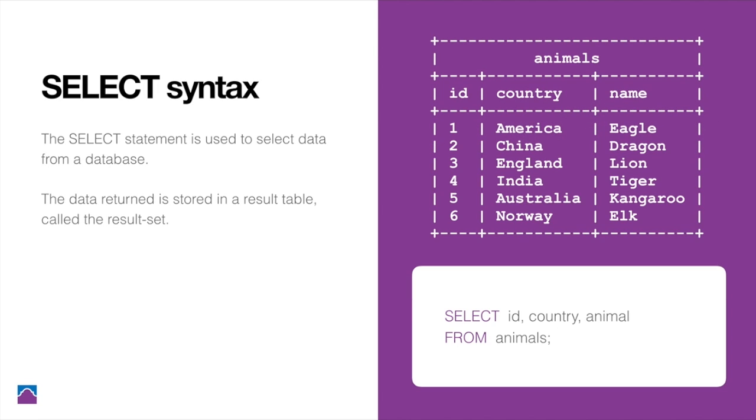I run something like this: select, then the asterisk symbol, from animals where, and then put my condition there. Instead of deleting or updating, I can see what is returned from that condition. So when I replace select with delete or update, I know what I'm going to do. I'm seeing a preview of what I'm about to do.